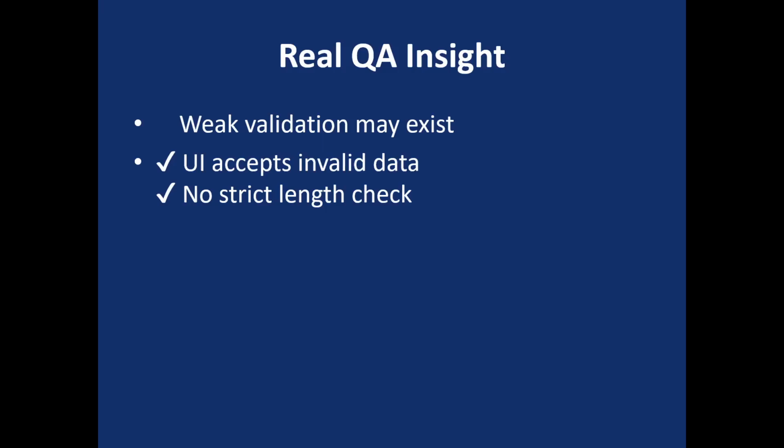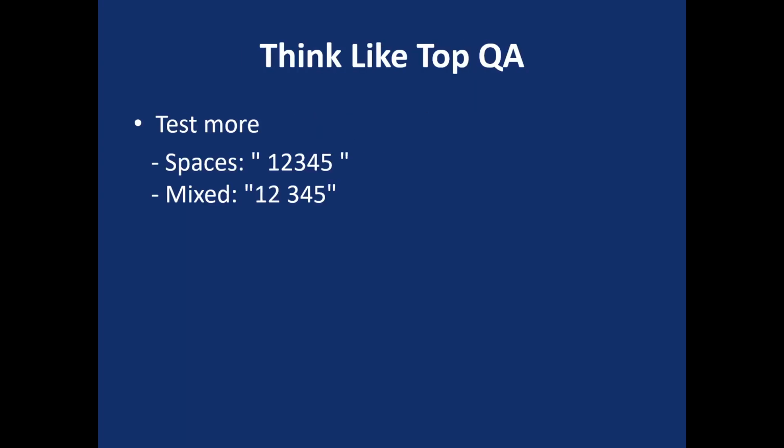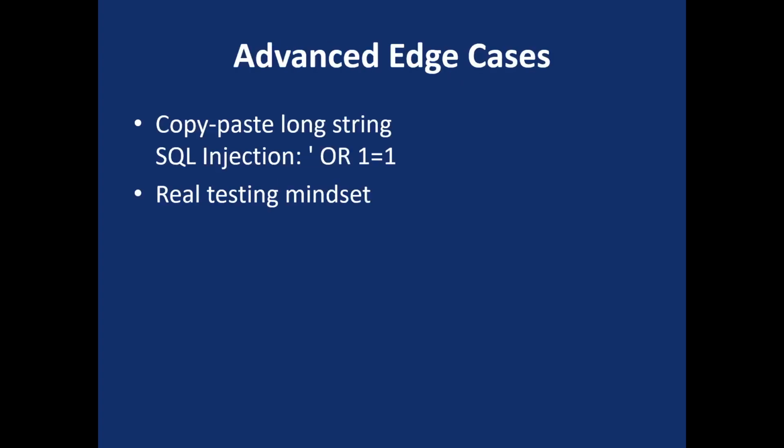This is a real defect in real-world apps. So you need to think like a top 1% QA. Now go beyond. Test with spaces, with 1 2 3 4 5 mixed, with 1 2 space 3 4 5, copy paste a long string, SQL injections, and this is what is called real testing.